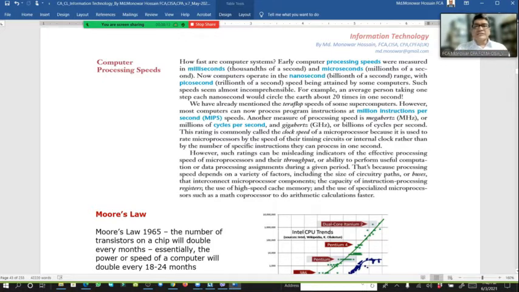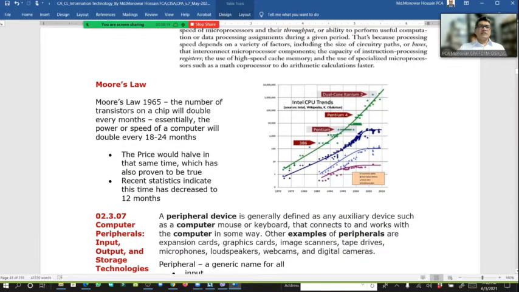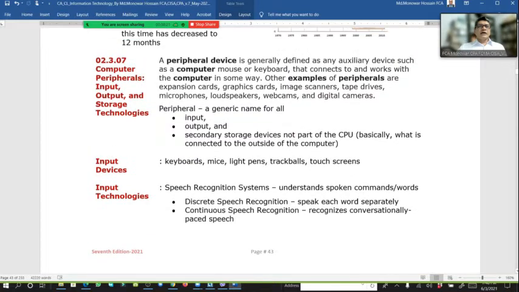So here we can say that speed is going on increasing. Next, computer peripherals: input, output, and storage technology. So what is this? A peripheral device is generally defined as any auxiliary device such as a computer mouse or keyboard.